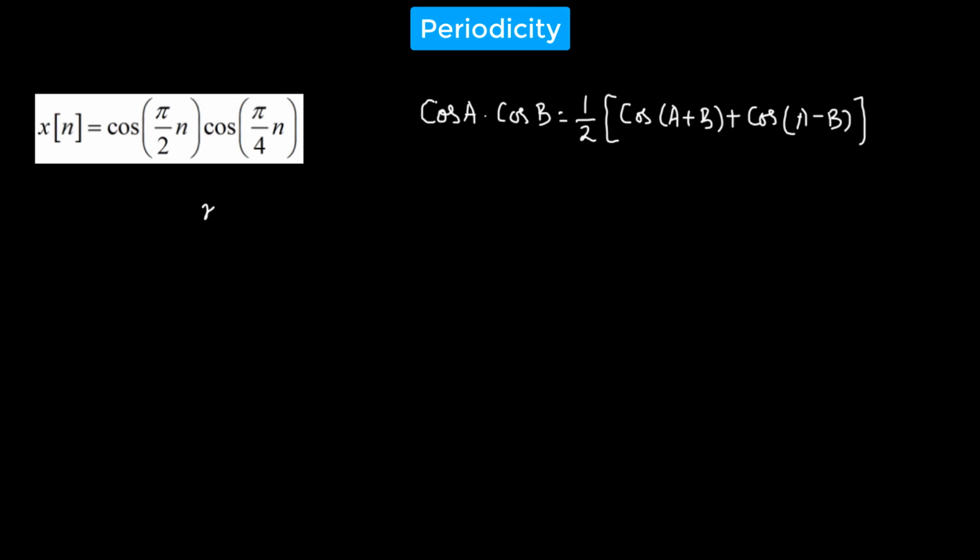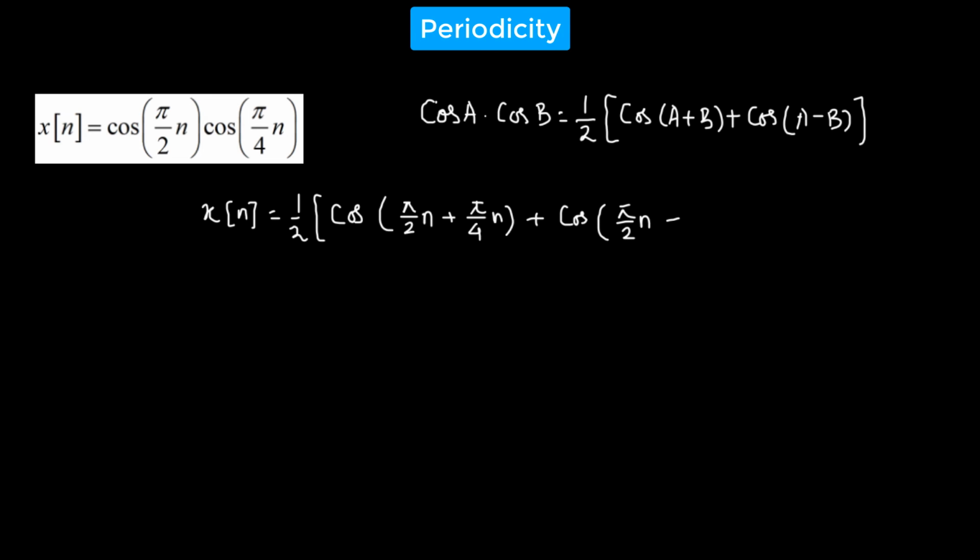So our x of n becomes half cosine of pi over 2 n plus pi over 4 n plus cosine of pi over 2 times n minus pi over 4 times n.